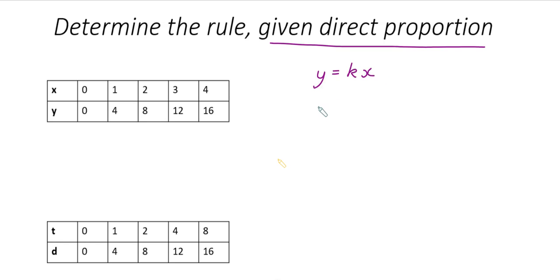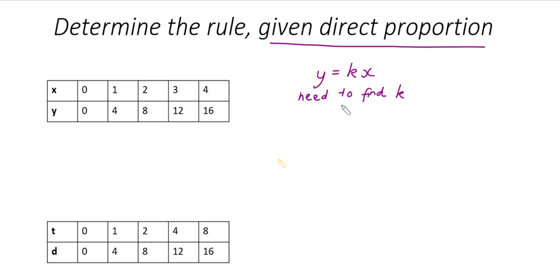You're determining the rule, so the rule means we want to link y with x. So we need to find k, a value for k, and then substitute it back in.